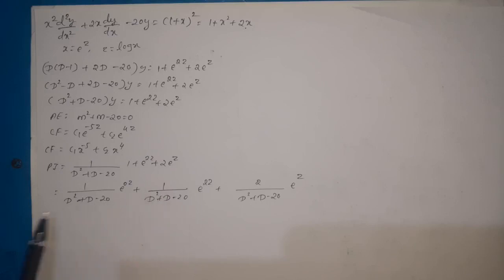So now here we need to separate the denominator for each and every one. So 1 is e power 0z, here e power 2z, here e power z.